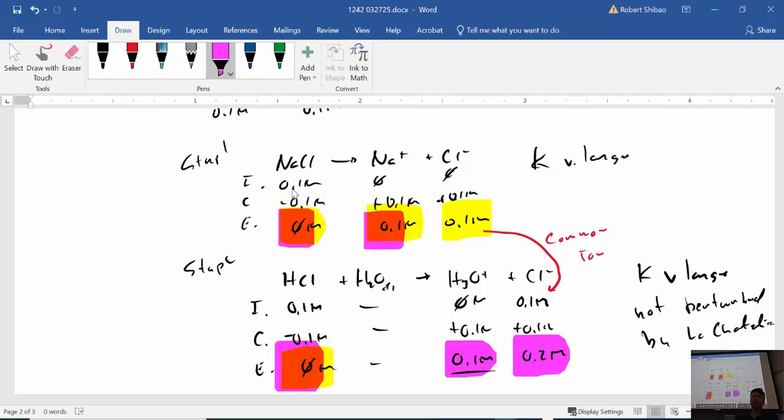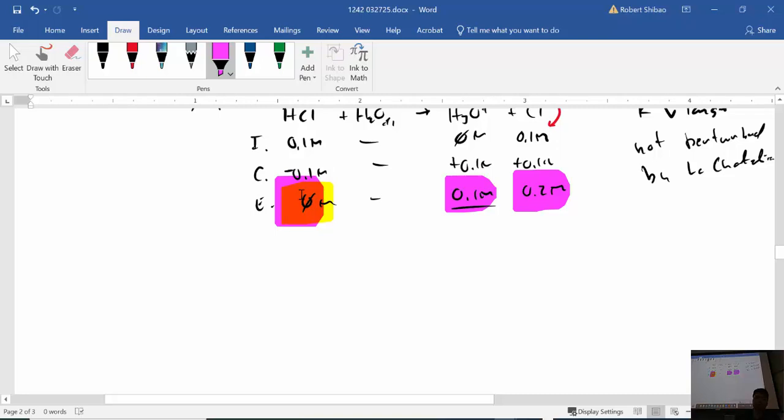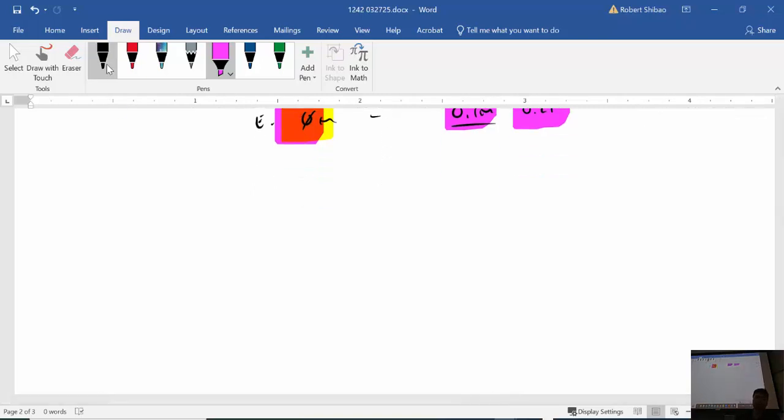So did having the common ion here perturb step 2? No. However, what if I did this?